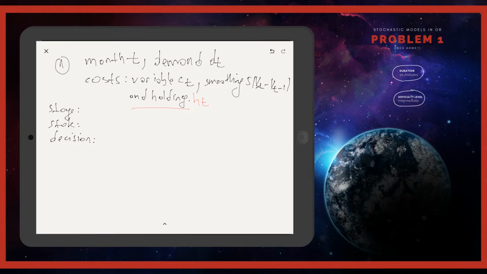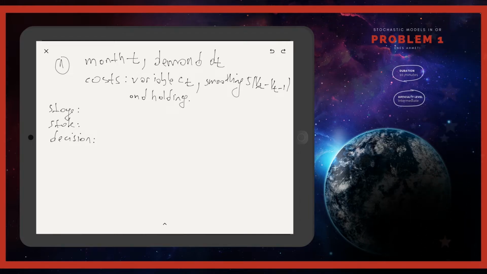This is the cost of, at the end of the month, if you have extra units, then you need to pay for those extra units. The question is basically asking us to solve this problem in a way that we minimize the total cost.